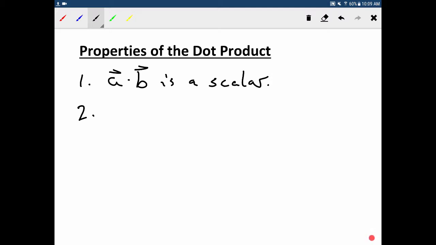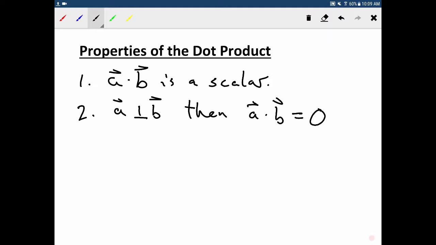Property number 2: if A is perpendicular to B, then A dot B, the dot product, will equal 0. And this makes sense because, of course, cosine of 90 equals 0.